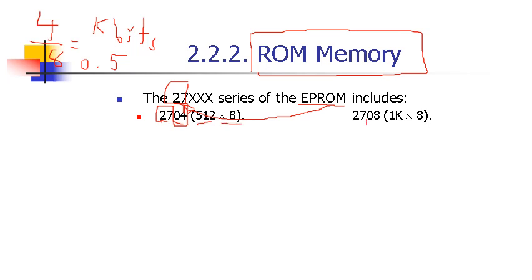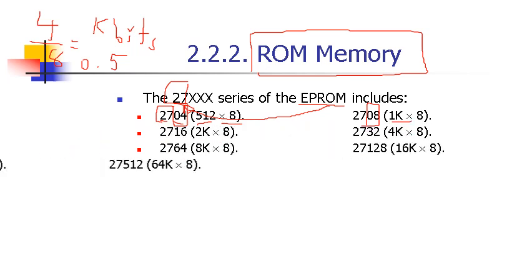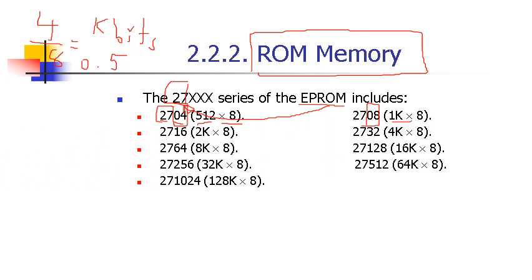Again here, this memory chip contains 8K bits. You divide by 8 to get 1K bytes, and so on. These are the different EEPROM chips of the 27 series.